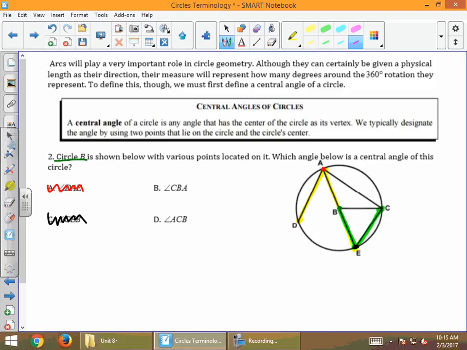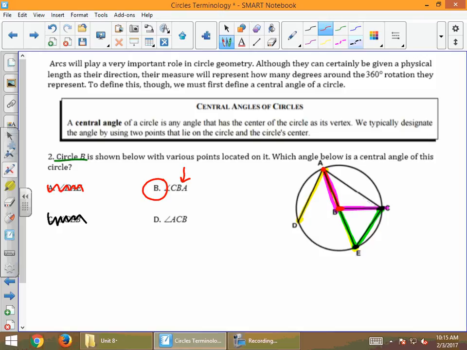From C to B to A. Is that a central angle? Yeah. Is this vertex on the center? Yeah. The vertex of this angle is B. And you can tell just from right there, the middle point's always the vertex, and that's a B. So we can circle it.